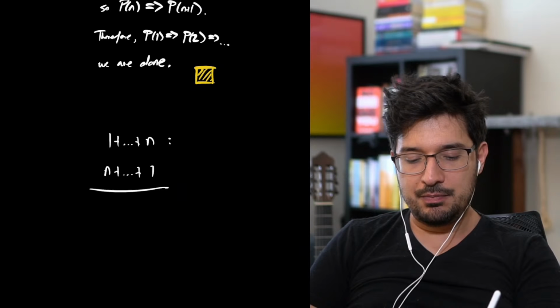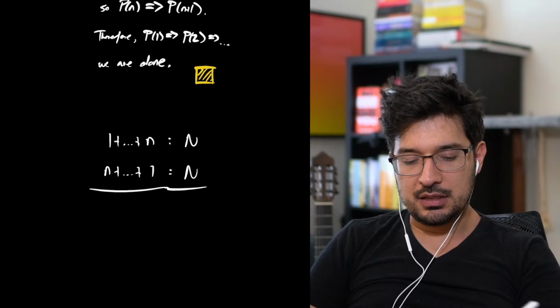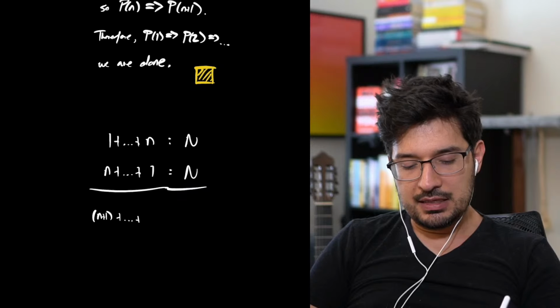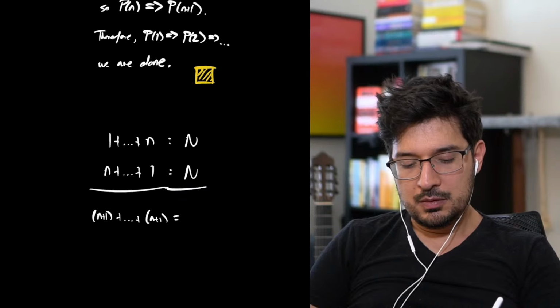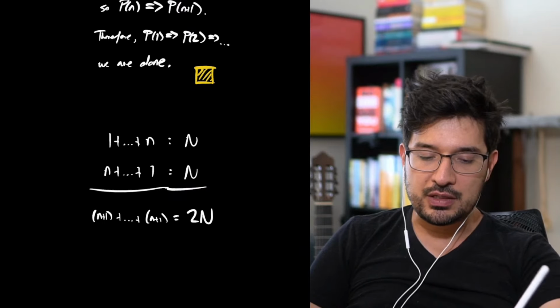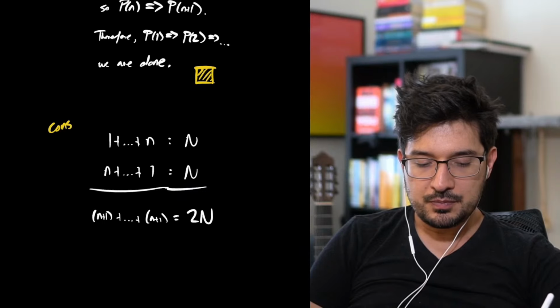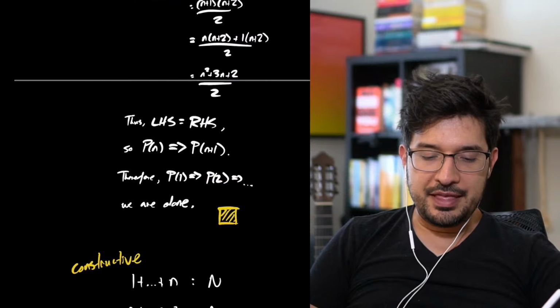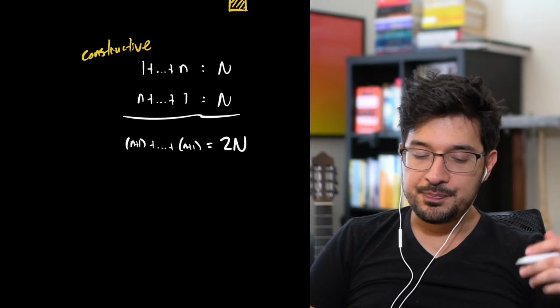So if you add both of those together, then we get n plus 1, n times. So this is a constructive proof. And then this other one is an inductive proof.